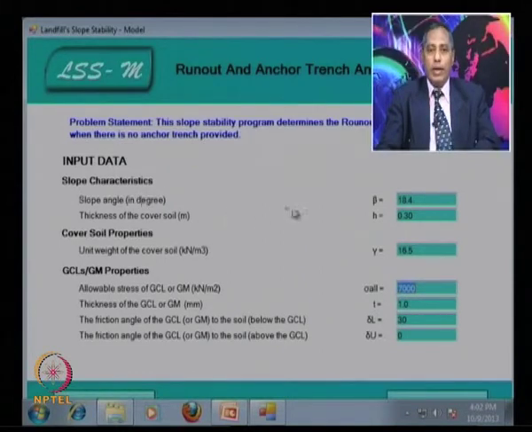So, input data, soil characteristics: slope angle beta 18.4 degree, and thickness of the cover soil h is equal to 0.30 meter, and cover soil property, unit weight of cover soil gamma, that is 16.5 kilonewton per meter cube, and GCL and geomembrane property, the allowable stress of GCL or geomembrane, that is sigma allowable is equal to 7000 kilonewton per meter square, thickness of the GCL or geomembrane is 1.0 millimeter, and the friction angle of GCL or geomembrane to the soil below the GCL, that is delta L is equal to 30, and the friction angle of the GCL or geomembrane to the soil above the geocell, that is delta A is equal to 0 degree.